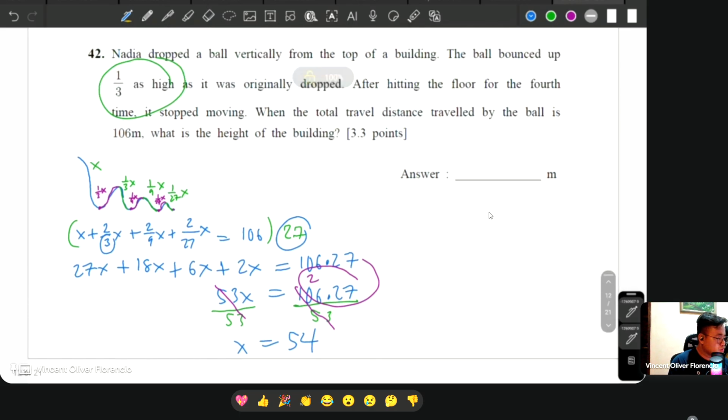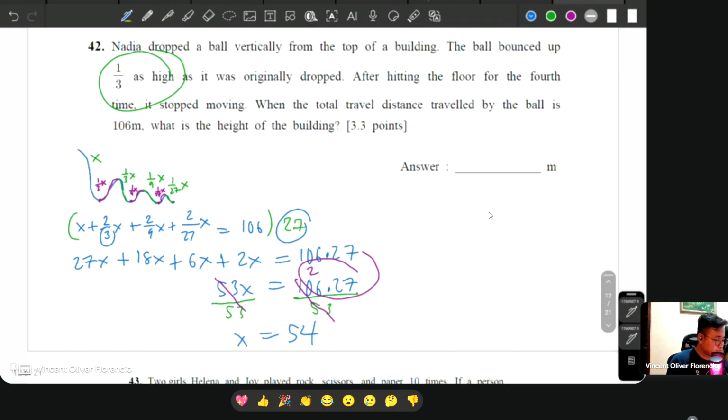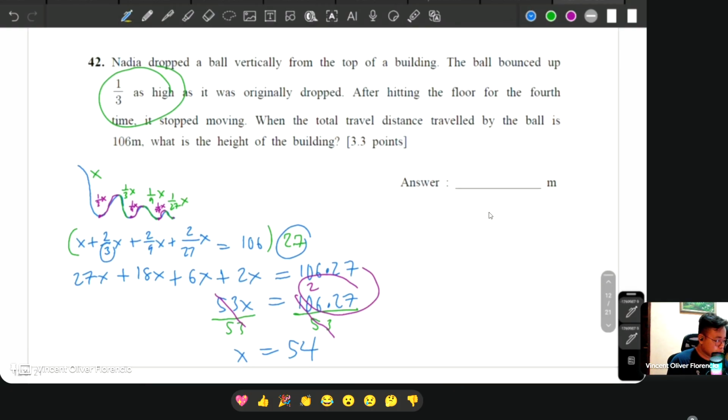It means that the total distance traveled is what again? 54 meters. Sorry, the height of the building is 54 meters. That's the question. Sorry, I'm a bit sleepy already.